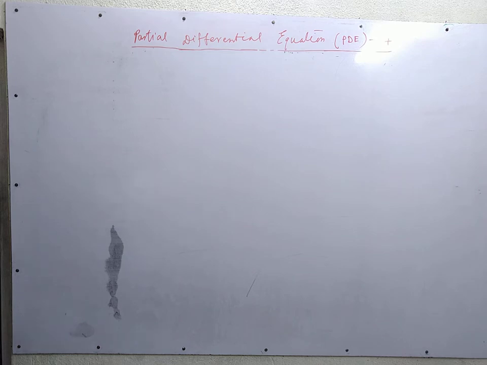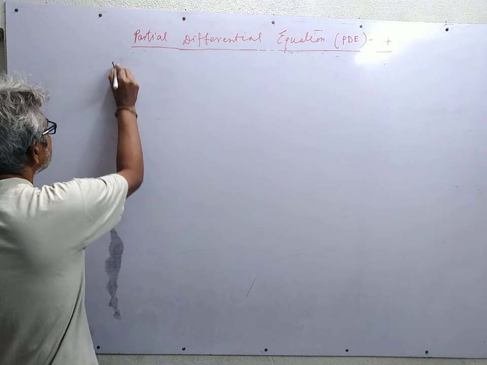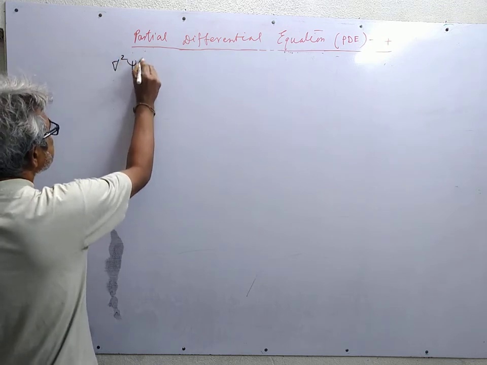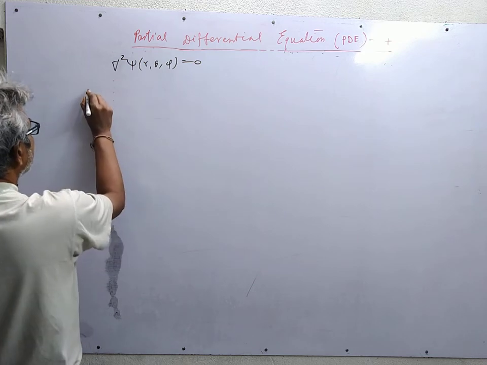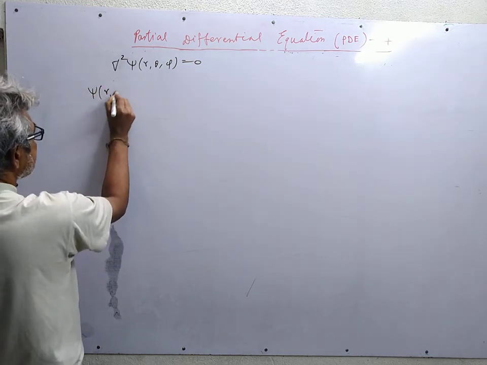In the last class we solved Laplace's equation in spherical polar coordinates and obtained the solution as a function of r, theta and phi.